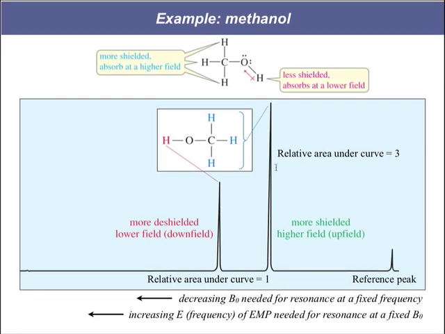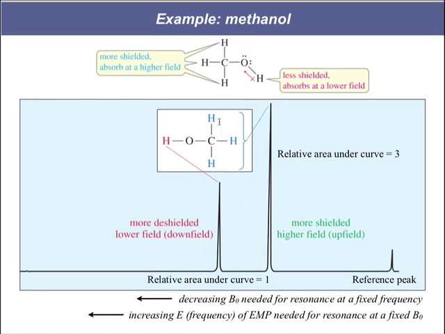So what this is telling us here is that the relative area under the curve of the big peak relative to the area under the curve of the small peak is 3-to-1. There's 3 times the amount of area under the big peak than the small peak, because there are 3 times as many hydrogens generating that signal as there are hydrogens generating our other signal.